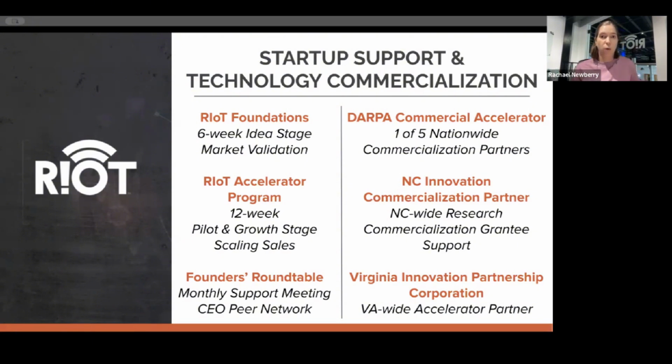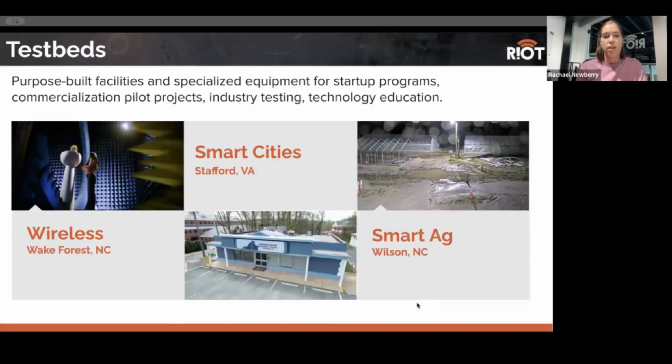And then we also work statewide in Virginia with the Virginia Innovation Partnership Corporation, and provide startup accelerators and other programs in Virginia as well. So yeah, lots of ways that we partner and run programs that ultimately support that job creation mission of helping entrepreneurs to get off the ground and grow long-term sustainable businesses.